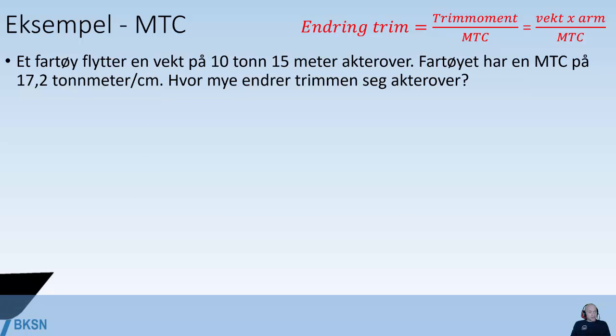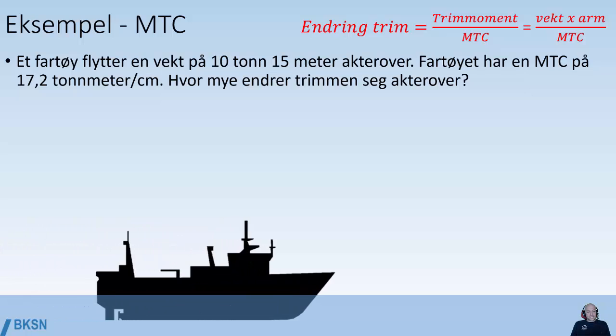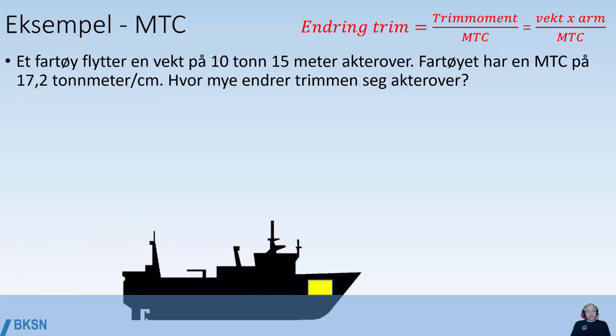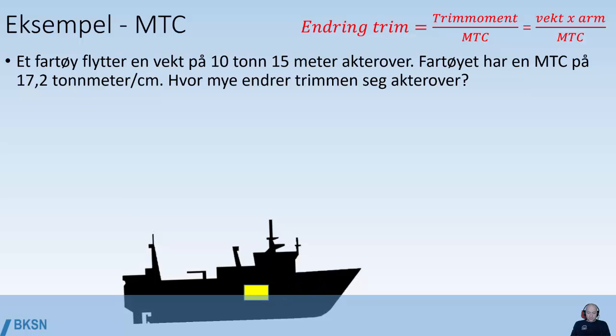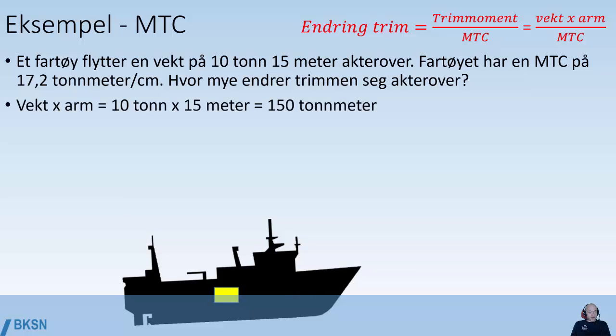Another example, we have a vessel that shifts a weight of 10 tons 15 meters astern. The vessel's MTC is 17.2 ton meters per centimeter. So how much does the trim change as we move the box? Well, we move the box and we do the calculations. Weight by arm, that's 10 tons by 15 meters, which gives us 150 ton meters.